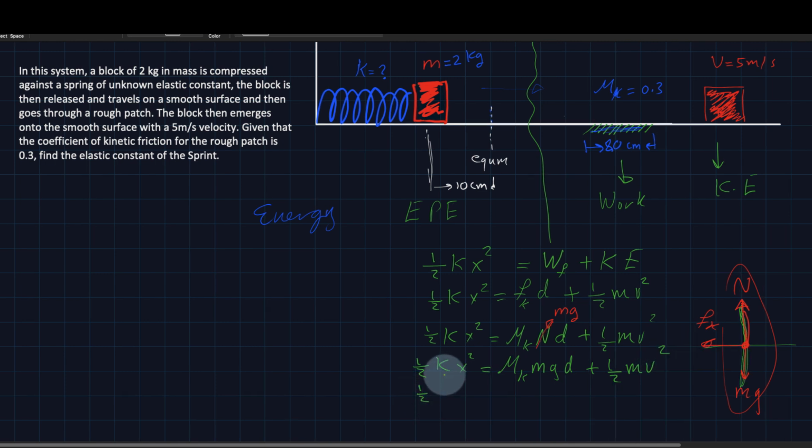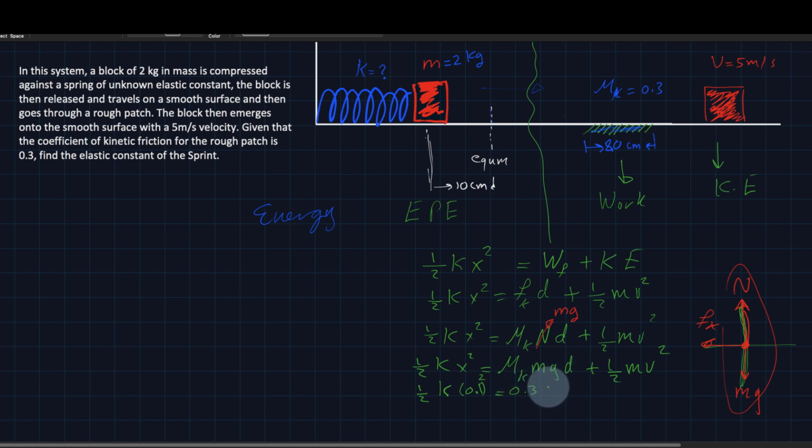1/2 k, the elastic constant, because we're looking for it, times x squared, which is the compression in the spring beyond its equilibrium, squared. So that's 10 centimeters. We need it in meters, so it's 0.1, and that's squared. Now mu_k is equal to 0.3.